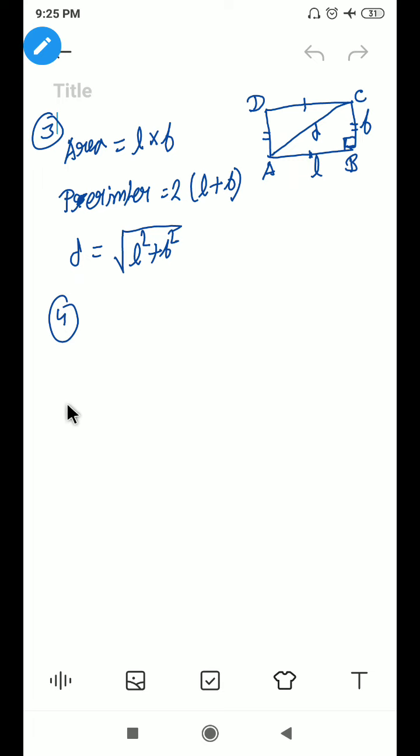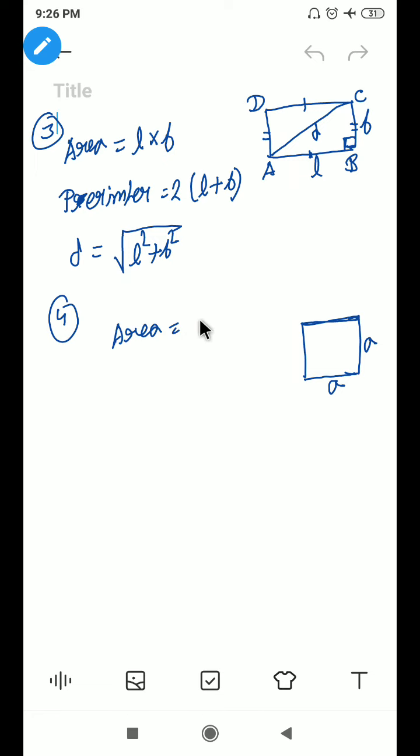Now go to number 4. Our fourth formula is square. So if a square is given, what is the difference between square and rectangle? Rectangle has opposite sides equal, and in a square all the sides are equal. Suppose the sides are A. Now how to find out the area of this square?